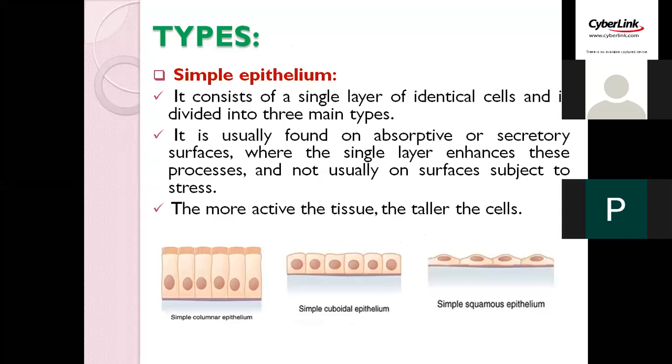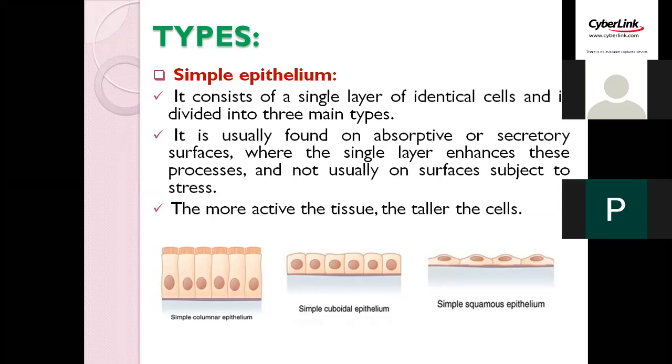We have the simple columnar. Remember all the names: the subdivision is based on the shape. Simple columnar, from the first diagram, has a rectangular shape with the nucleus near the basement, not directly at the center. Simple cuboidal has a shape a little like a square. Squamous has a flat type of shape.